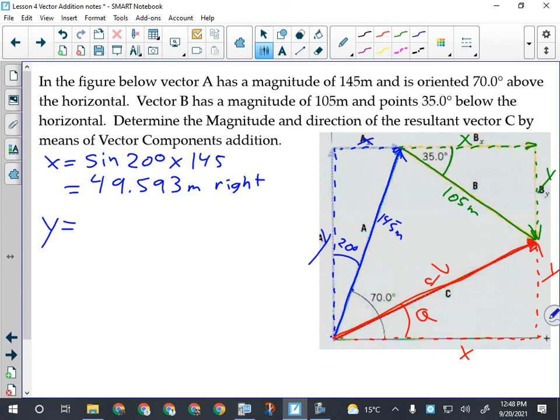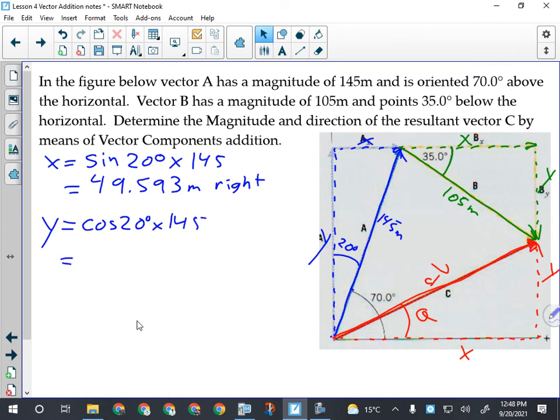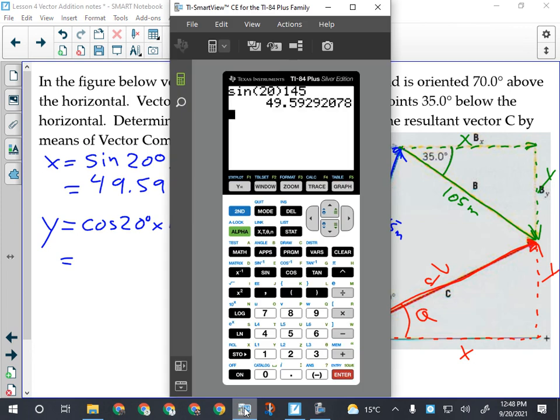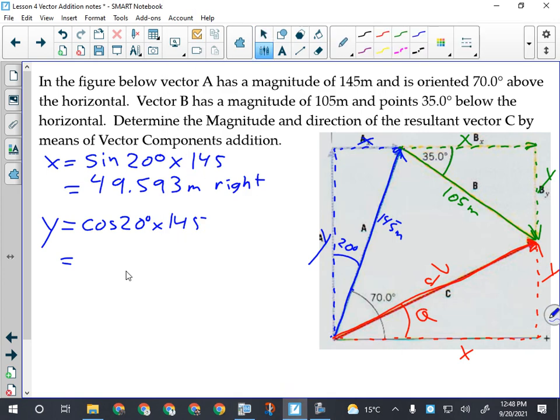So we're going to have the cos of 20 degrees times 145 in order to get blue y. Okay, so 136.255. I'm just going to say up. It's positive for right now, but I'm going to write up.